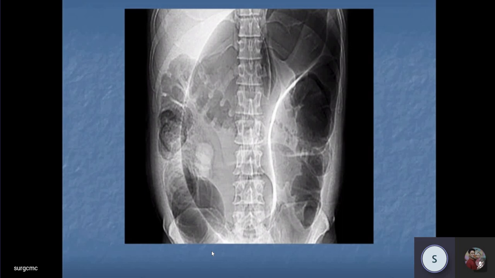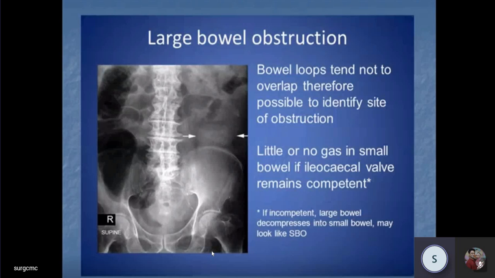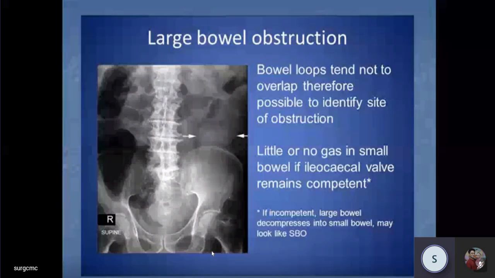Now this is a picture of large bowel obstruction, hugely dilated bowel loops. You can see laterally they are, and small bowel gas amount is much less if the ileocecal valve is competent, because the ileocecal valve is made to transmit whatever from ileum to cecum.